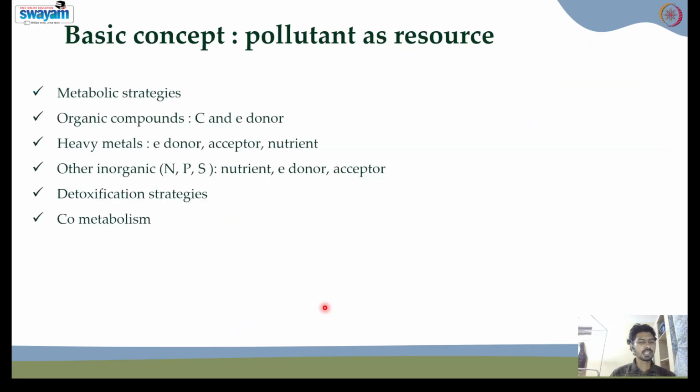And as we already know, microbes often see these pollutants as a valuable resource. And these are some of the factors that you need to know before going to the next concept. First, we need to understand their metabolic strategy. That is, every microorganism has its own tricks to use the pollutant as food and as an energy resource.